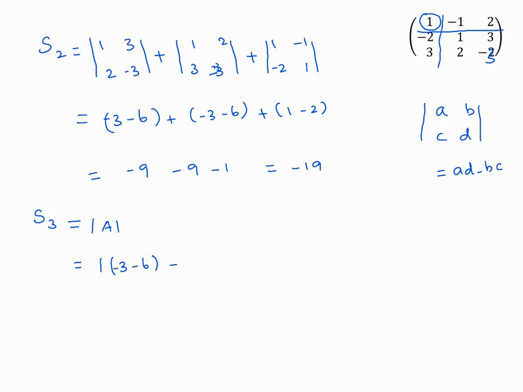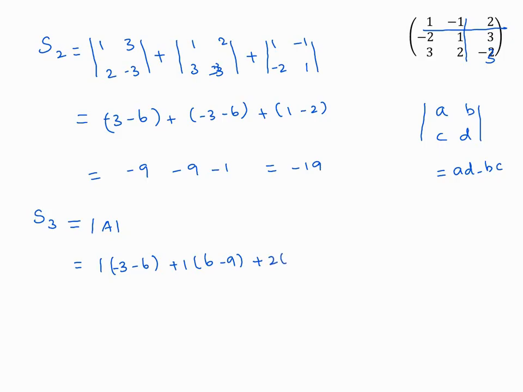Then the sign will be changed, so negative into negative is positive. Then we remove the first row and the second column. So you get negative 2, 3 and 3, negative 3. So the values are 6 minus 9. And the third one, 2.